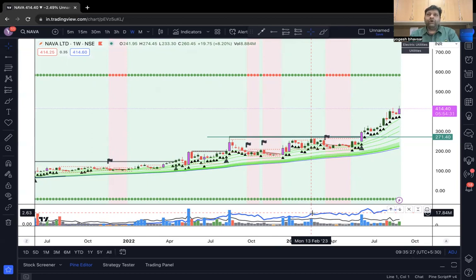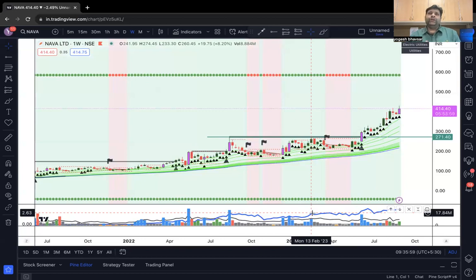We try and avoid doing intraday, buy today, sell tomorrow, or buy Monday, sell on Friday, a swing trading kind of concept. No, we don't do that much. We believe that if the stock is giving a good breakout of the monthly time frame, and we are doing some smart trading on the weekly time frame, some sector analysis, some fundamental analysis, we understand the sector rotation, then we trade less, but we trade accurate.